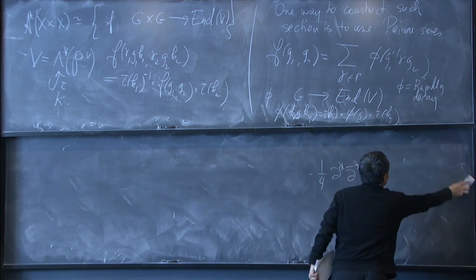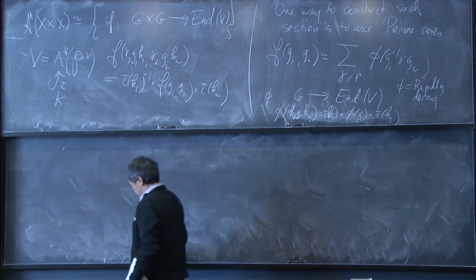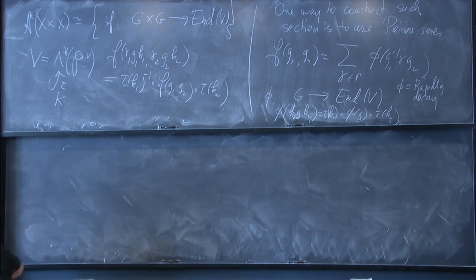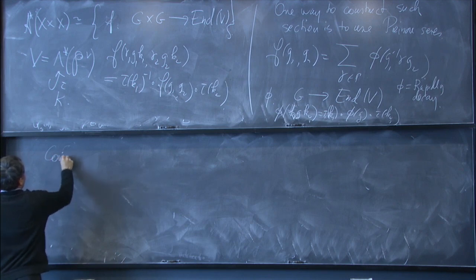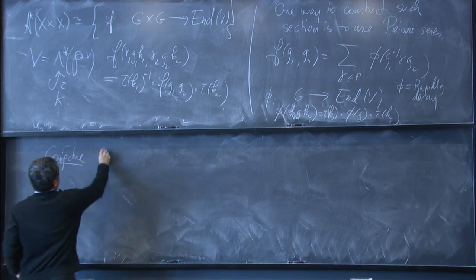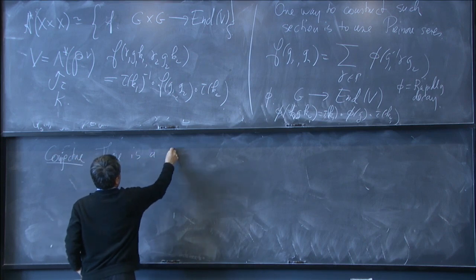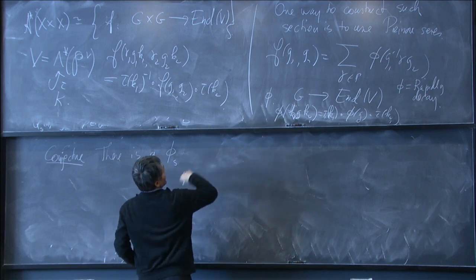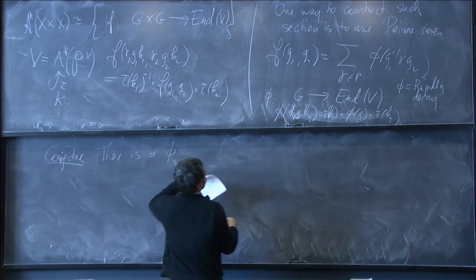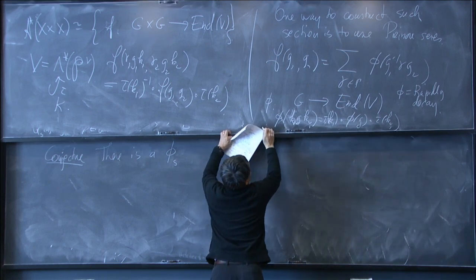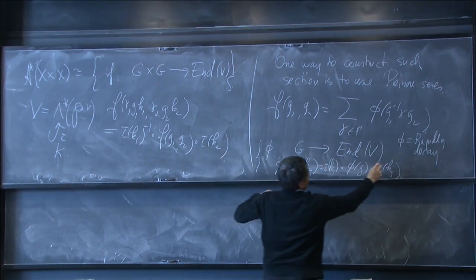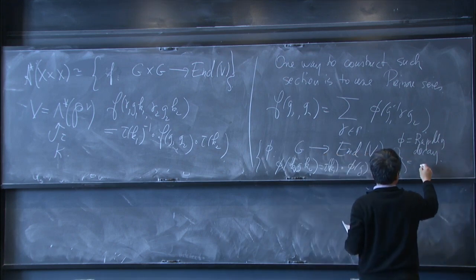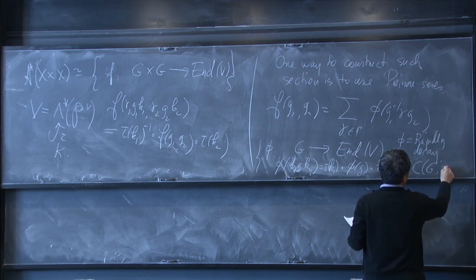So the conjecture I want to say is the following. Since I could not prove the general case, there is a phi_s inside this space. I need to give a name for this kind of space, so let's call it C(G, tau).